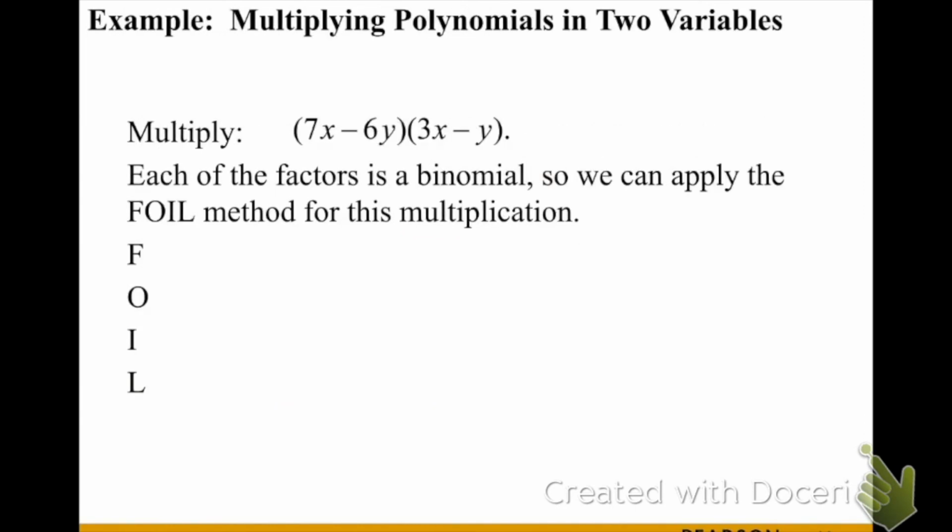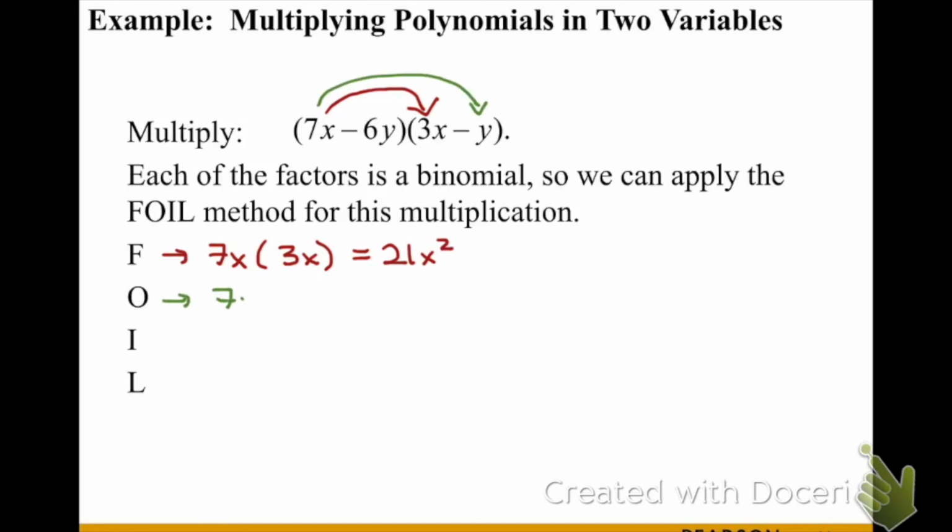Like in this case, if we were to try to multiply these binomials in two variables, 7x minus 6y times 3x minus y, notice that since they're both binomials, we can use the FOIL method. We're going to start by taking the 7x times the 3x, the first two terms, and we get 21x squared. Then we do our outside terms, 7x times a negative y, which will give us a negative 7xy, written as one whole monomial.